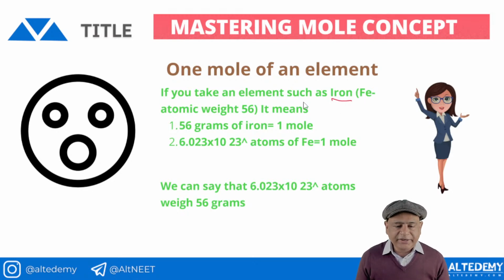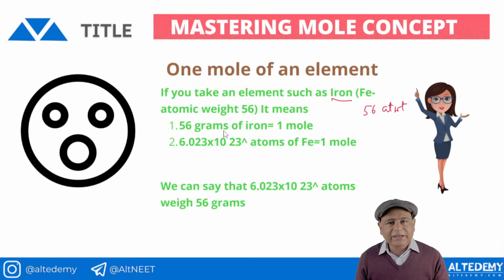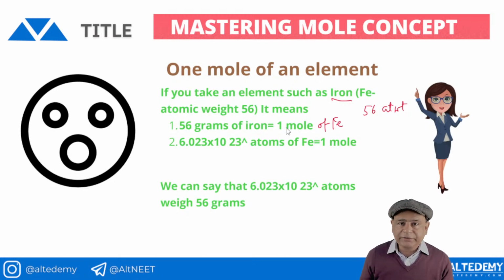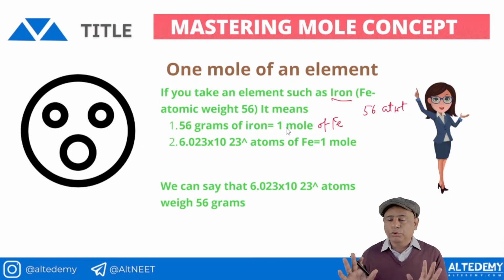So if we are taking 56 gram of iron, and 56 we understand is the atomic weight of iron, expressed in gram, then the first thing we write is that 1 mole of iron is equal to 56 gram of iron. We have connected weight with mole.